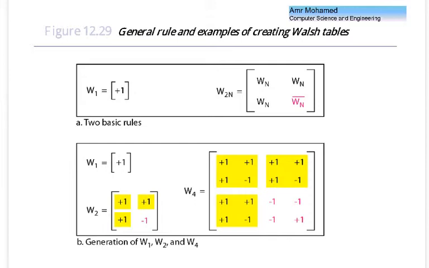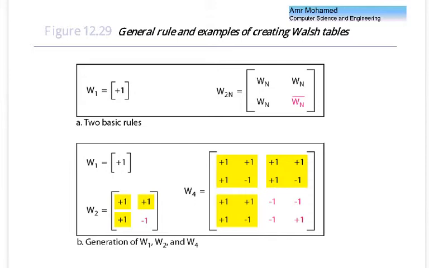Okay? So this matrix is always a square matrix. And the way you calculate W4 is from W2. And the way you calculate W2 is from W1. And the mechanism is very easy. So W1 is 1.